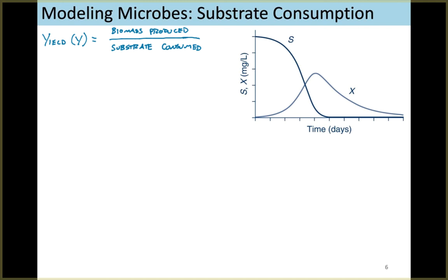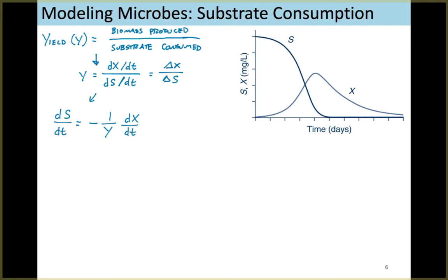And the way we do that is with what's called yield, and that's a capital Y for its representation. What you can really think of yield as doing is serving as a conversion to say, how much biomass do you grow per unit substrate consumed? So yield is this critical translator, if you will, between the substrate equations and the biomass equations, or between X's and S's in this particular problem.